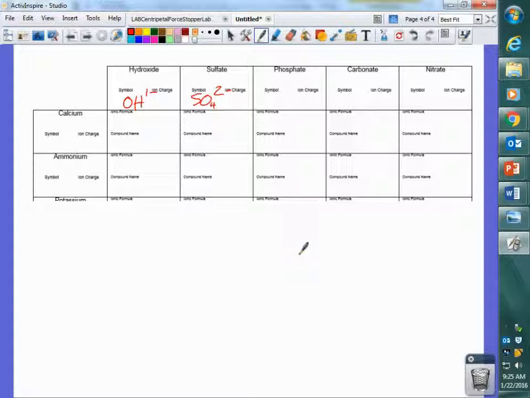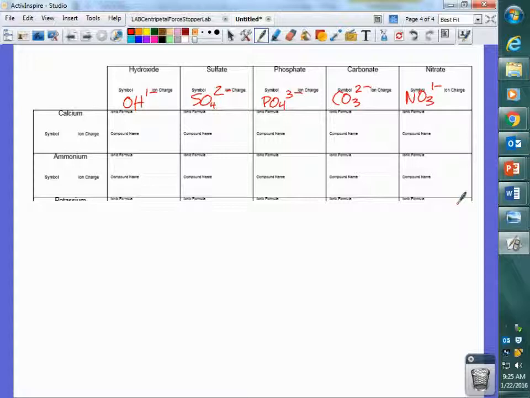Remember, that comes as a group, right? All right. Phosphate. PO4, 3-. Okay. Carbonates. CO3, 2-. And then nitrate. NO3, -1. Okay? Good there? All right.